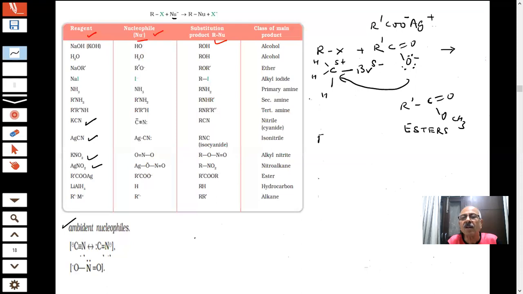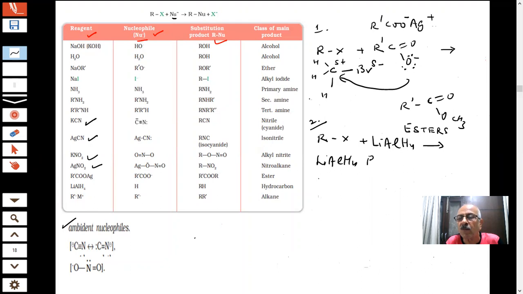Another important thing: you have RX. You react this with lithium aluminium hydride. What is the nucleophile present in lithium aluminium hydride? You know that lithium aluminium hydride is a strong reducing agent. It is used a lot in organic chemistry.